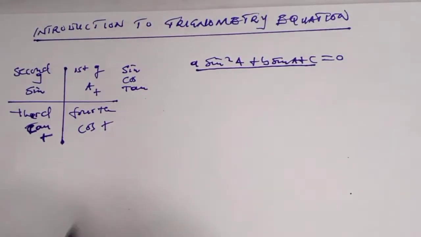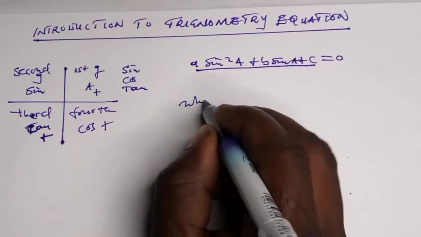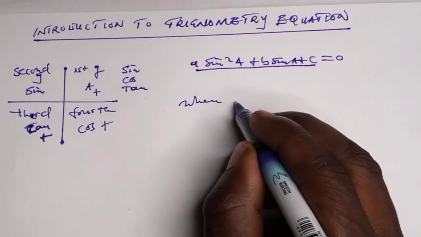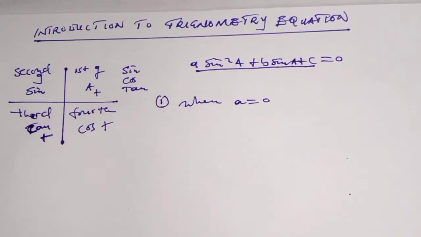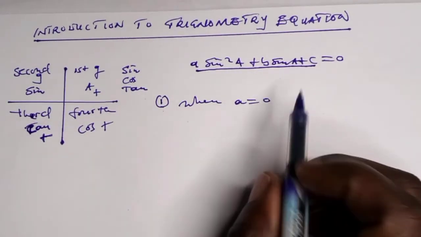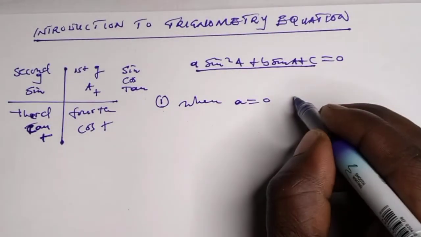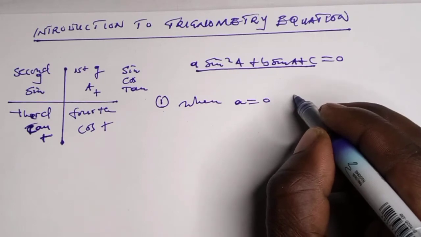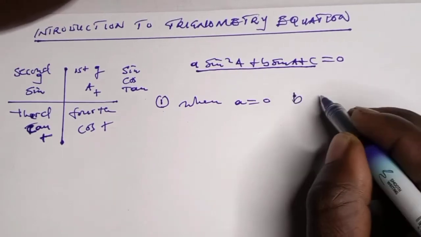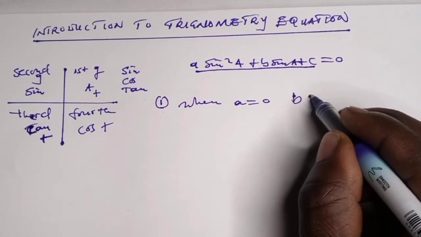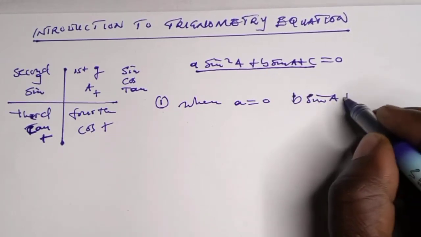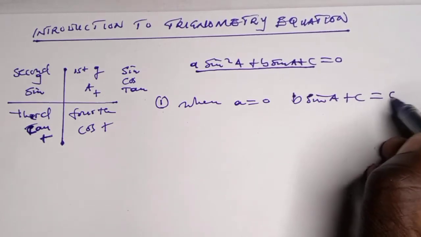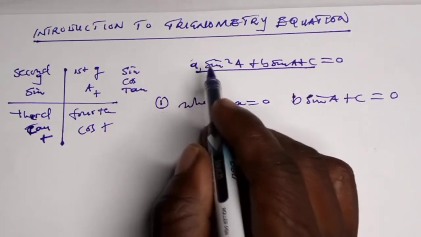So here, when a is equal to 0, this is the first option. When a is equal to 0 in this quadratic equation, then the equation will be b sine A plus c equals 0, because where there is a there is 0.